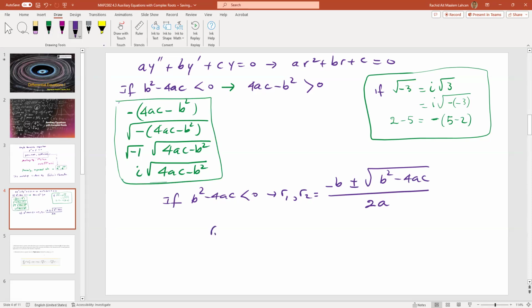All right, so r1 and r2 are negative b over 2a, and we still have a common denominator, so plus or minus this.